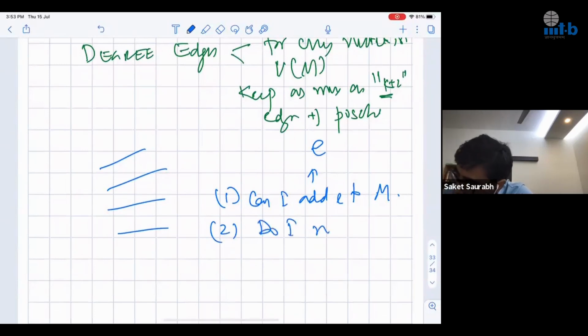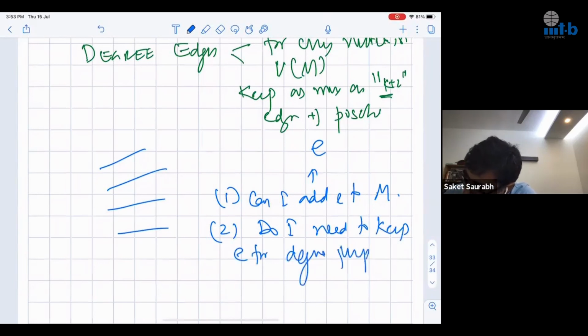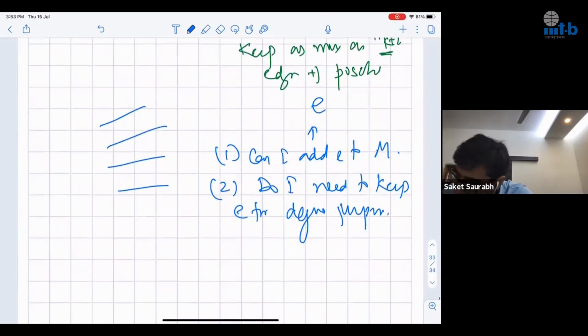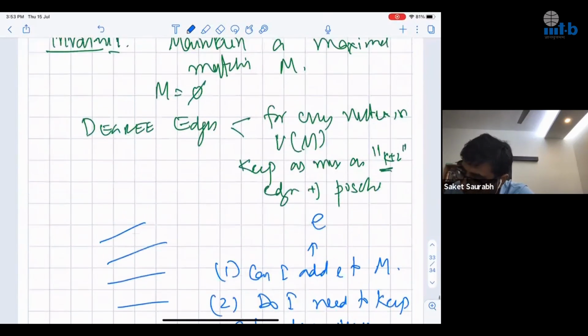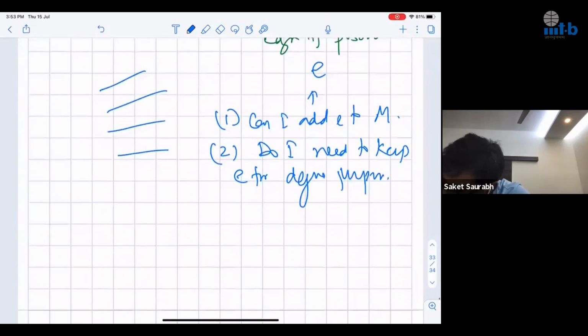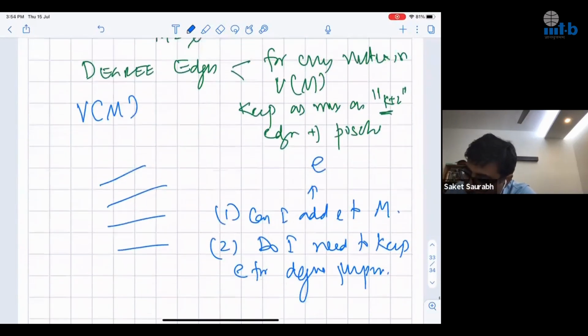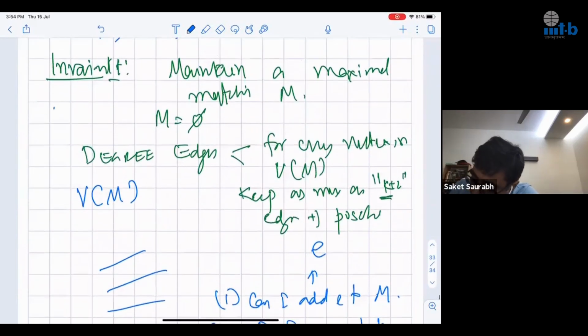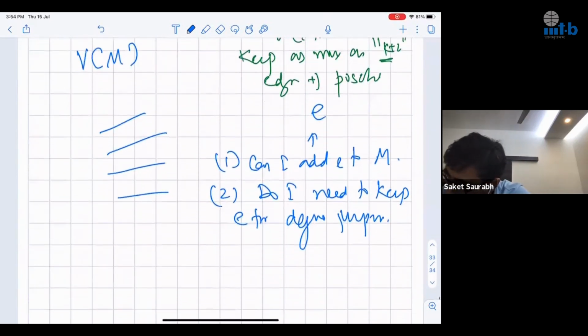Second question I ask myself: do I need to keep E for degree purposes? So I have M, I have the vertex set of M, and I'm keeping this G prime also, which was empty in the beginning.